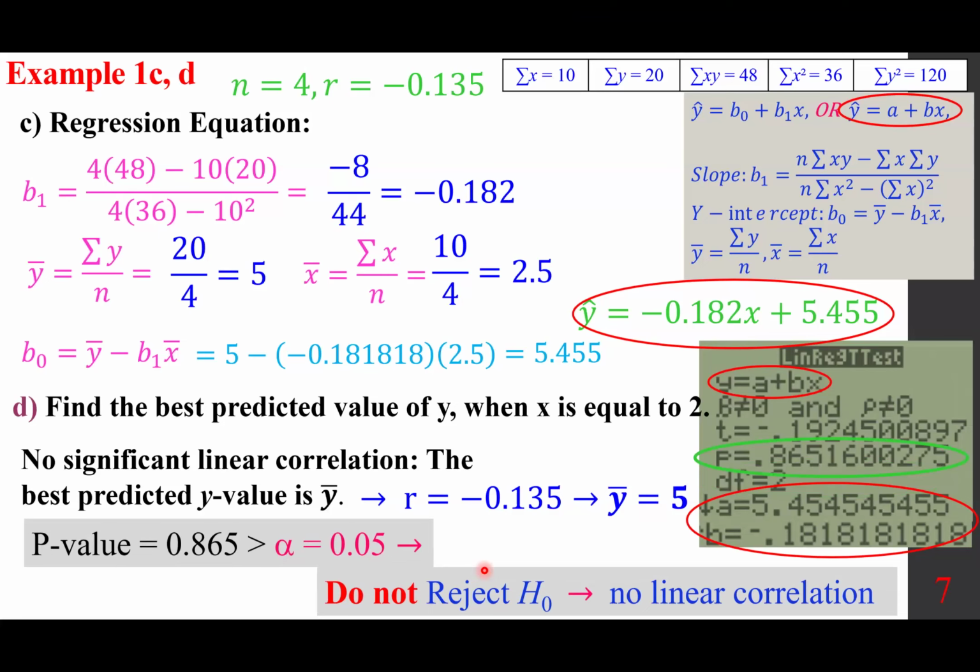So in essence, if you have no other part, this is the only part that you're doing. You look at the p-value, you say there is no linear correlation, and therefore you go with y bar. Again, just to give you the synopsis of why you would do this. Never mind the previous part that we went through, the test of hypothesis. The p-value here says there is no correlation, and the answer is y bar.